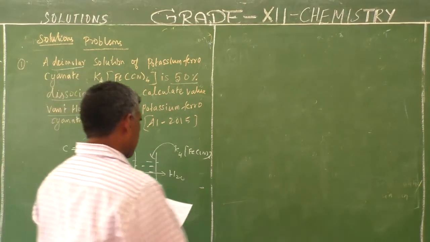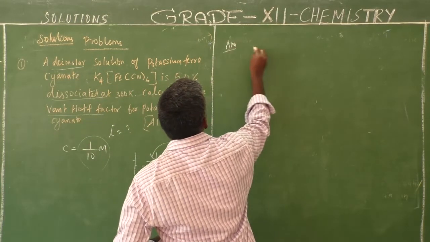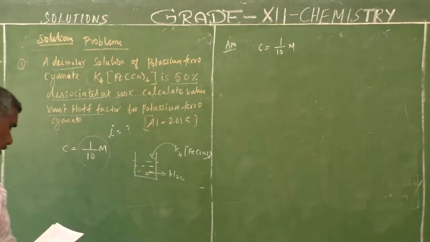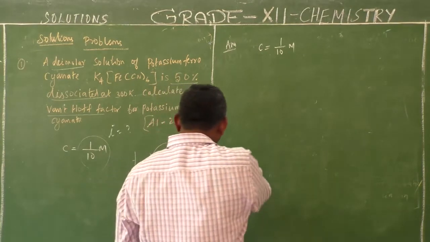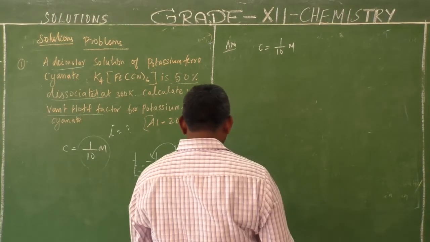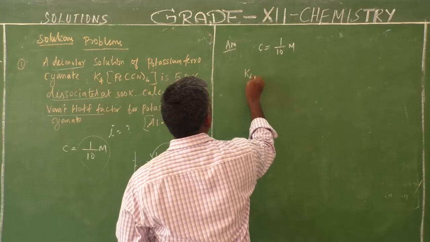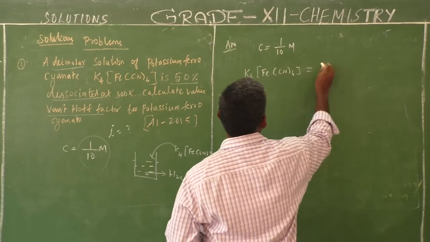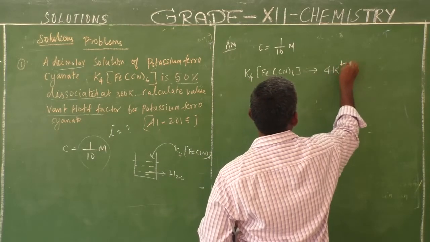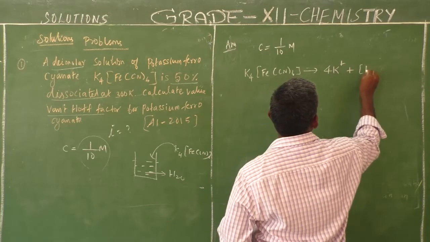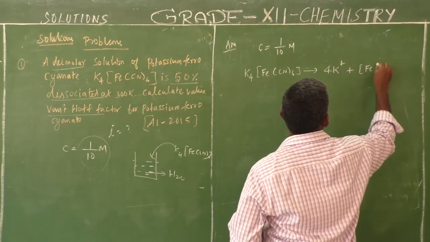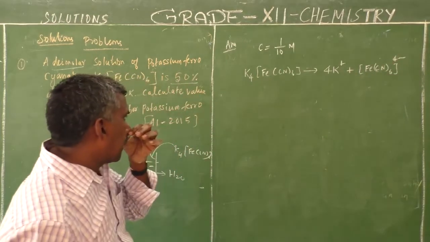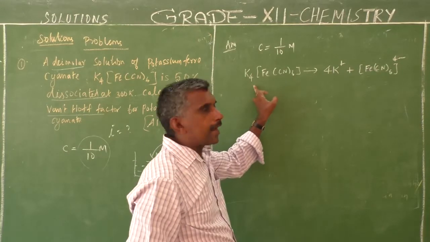Now we see the answer. Decimolar solution, concentration C is 1/10 molar. K4[Fe(CN)6] dissociates into 4 K plus and [Fe(CN)6] 4 minus when dissolved in water.